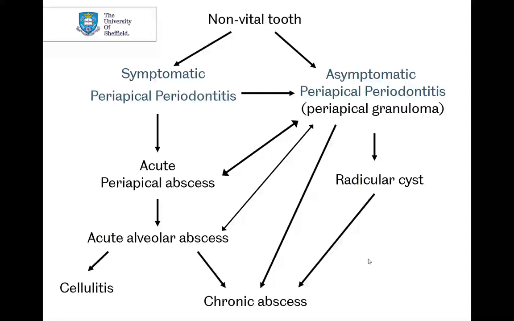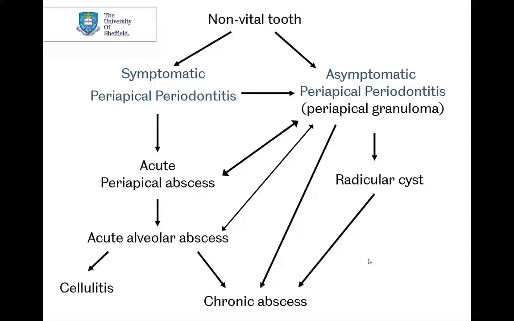And just to remember, there is this, or can be this, shuttling back and forward between acute and chronic lesions. A periapical granuloma, which may be asymptomatic, may, for whatever reason, perhaps the patient gets a cold, something which tips the balance, or a blow to the tooth, which makes the bacteria have more bacteria within the periapical space, whatever it may be, you may get an acute apical abscess, an acute alveolar abscess in a periapical granuloma.